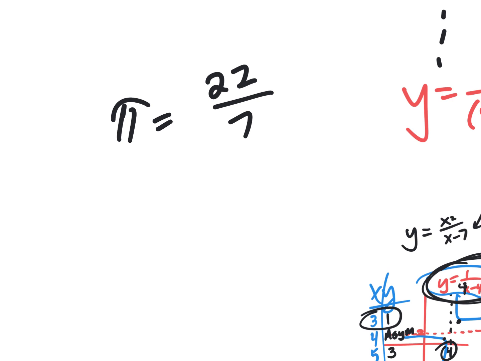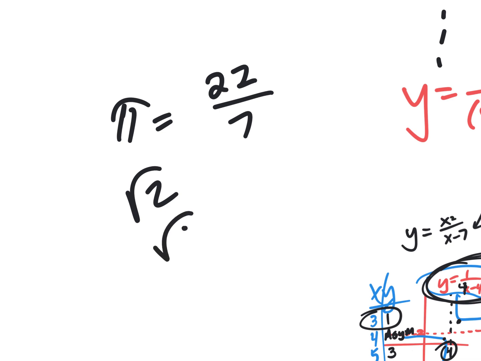What's something else that goes on forever and never repeats? Anybody name another one? Square root of 2. And usually people that give that example just say that, and for a while I thought that something was special about the square root of 2.